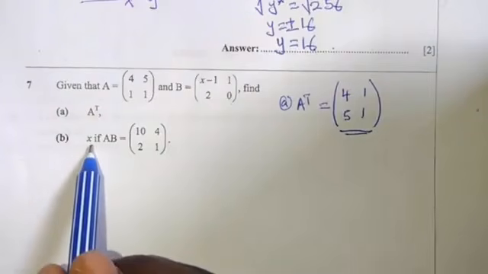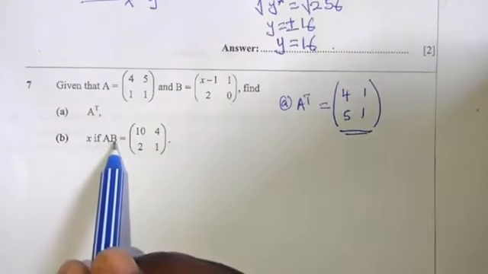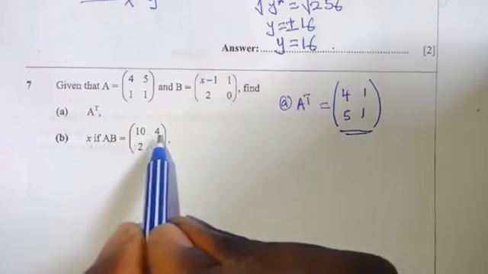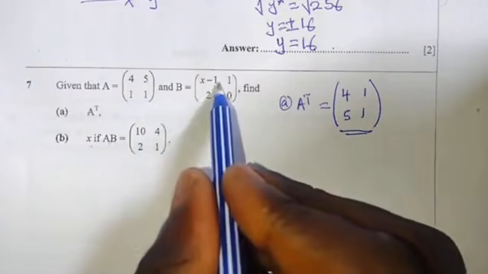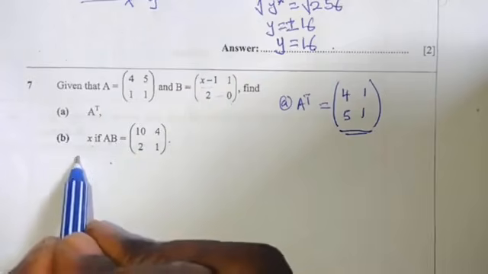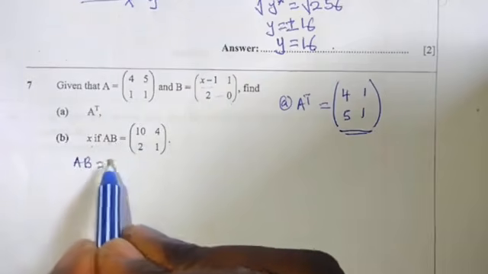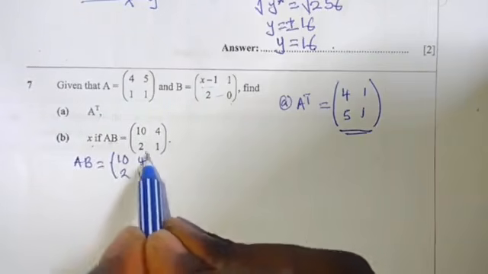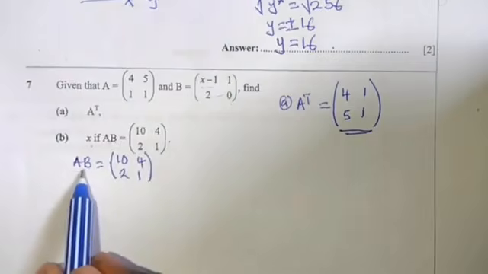Now we come to question B. They are saying find x if AB is equal to this. So we need to find the value of x. You can see matrix B has x right here. So how do we find the value of x? First of all, you must note that they have said AB is equal to this matrix, which is 10, 4, 2, 1. So the first thing we need to do is find matrix AB.